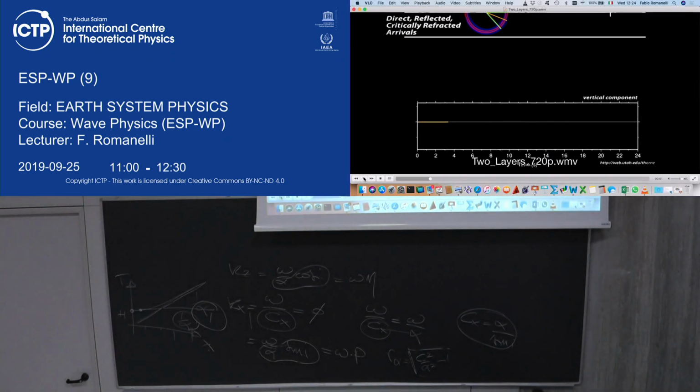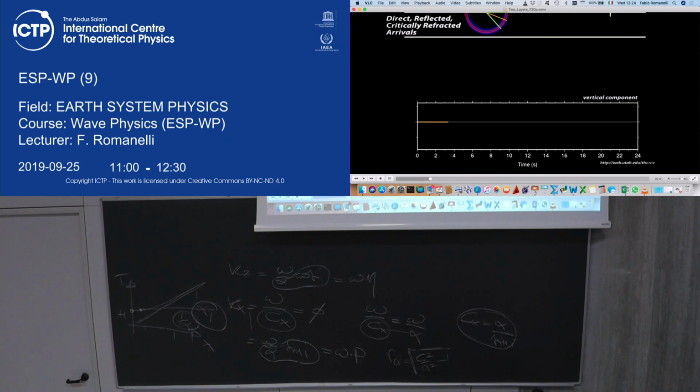Okay. Why I love it? Because it's showing rays and wavefronts. Now, that's the top, that's the bottom of a layer, that's the half space. What you're going to see now are some directions. Look at the wavefronts.